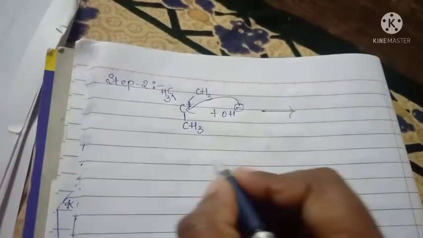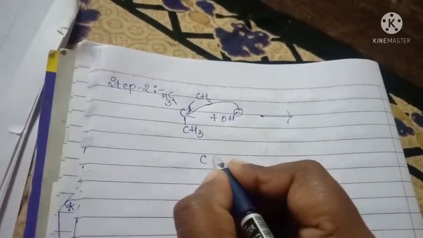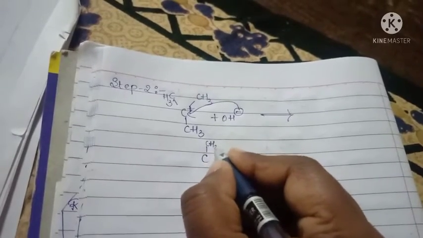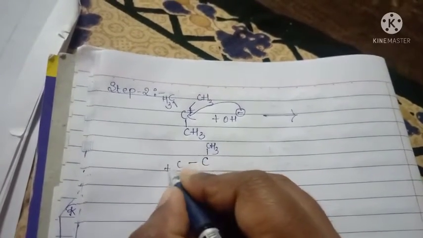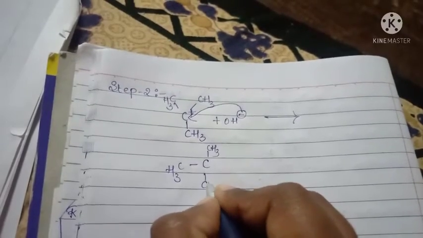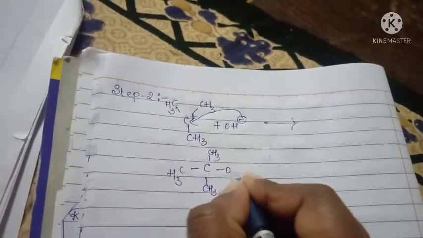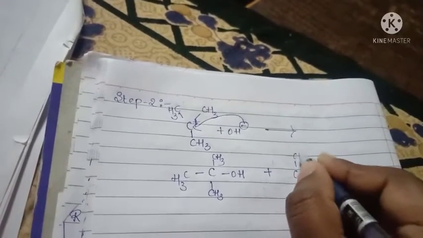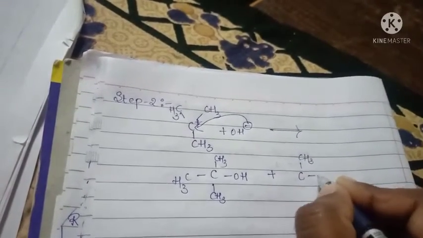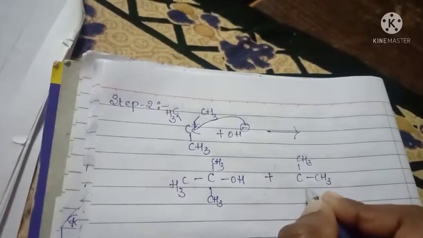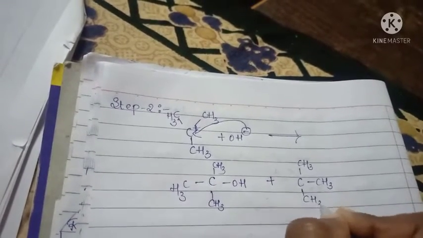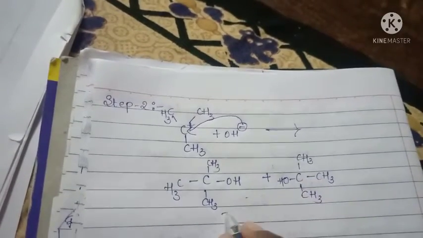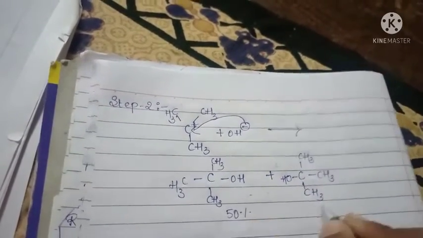It means you have to see this CH3 OH, or another tertiary butyl alcohol is also formed, CH3 OH. Okay, these two possibilities, it forms both 50-50 percentage.